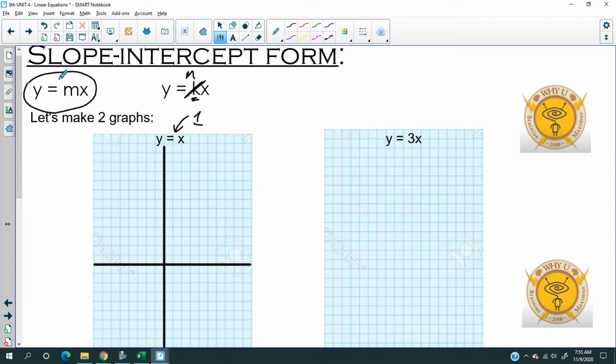In other words, we're just switching letters, right? So we're saying, hey, look, y equals kx, right? The unit rate. I'm just going to replace the unit rate with slope because I already told you in the last lesson that the rate of change, the slope, the speed, the unit rate is the same thing as slope, right?